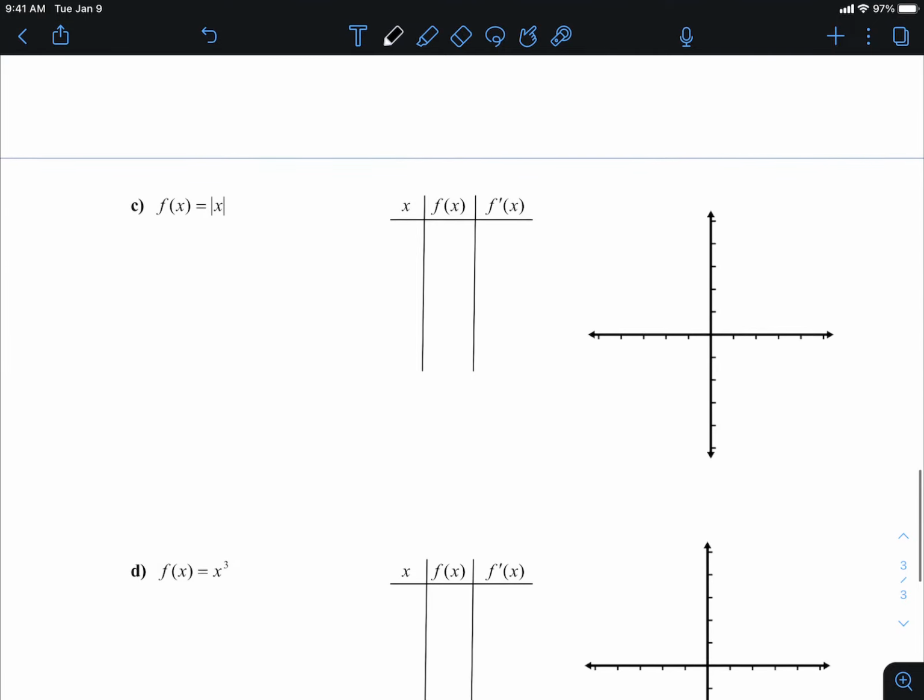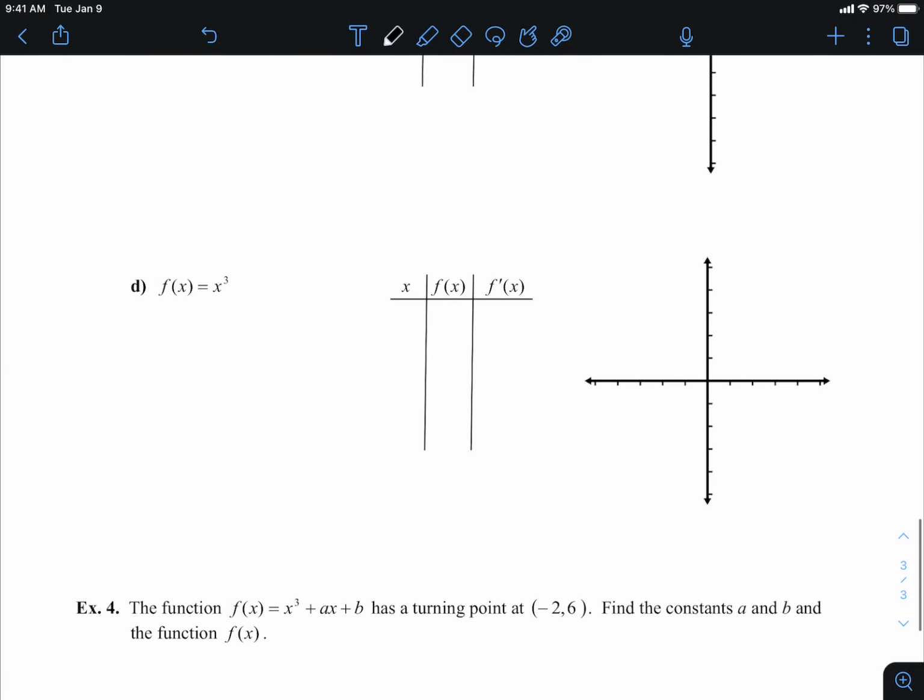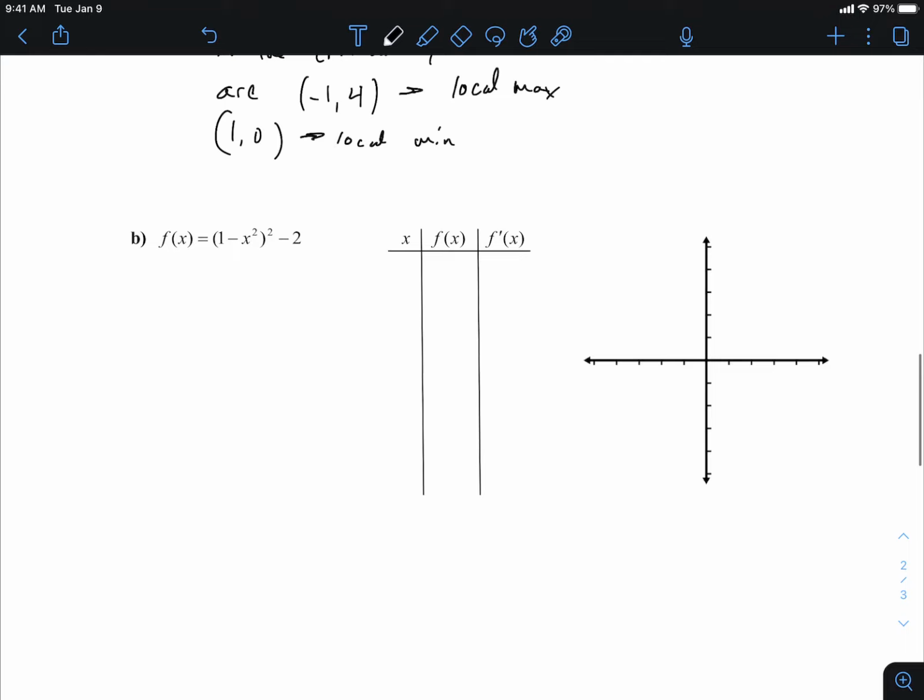Some of these later ones are a little bit shorter. Okay, so we'll try this one next. Again, same thing. I would follow the same idea here, right? I'm interested in where this graph is going to bounce around, flip back and forth, right?